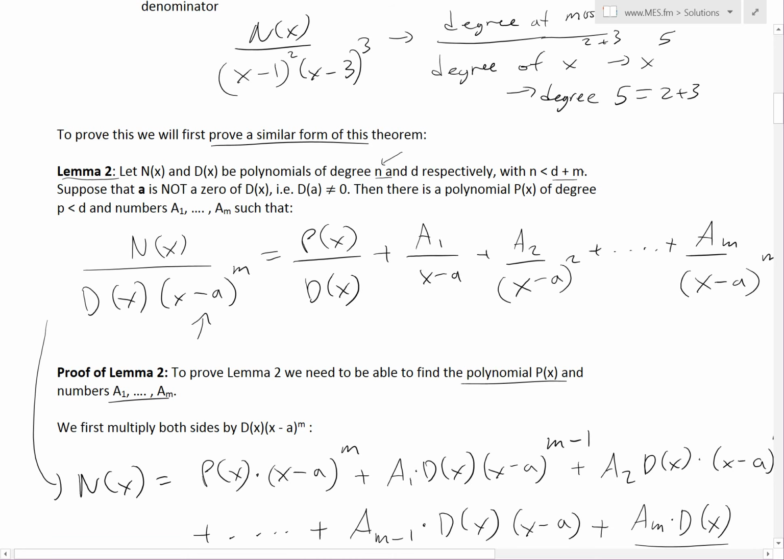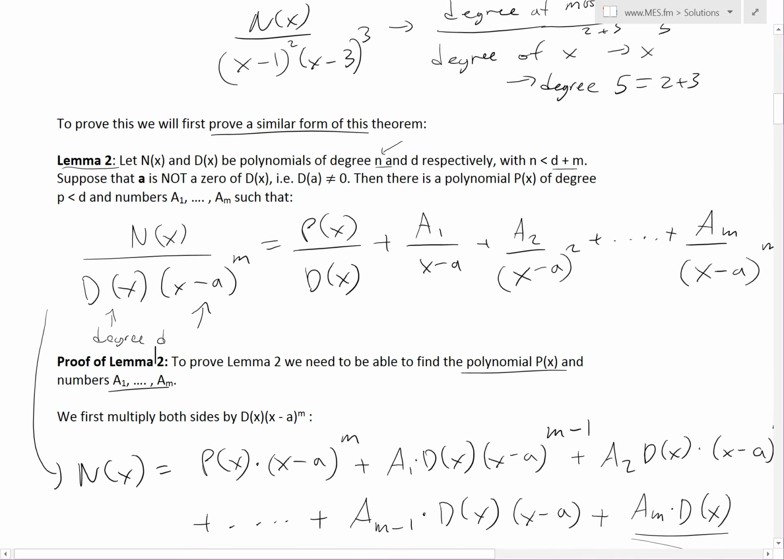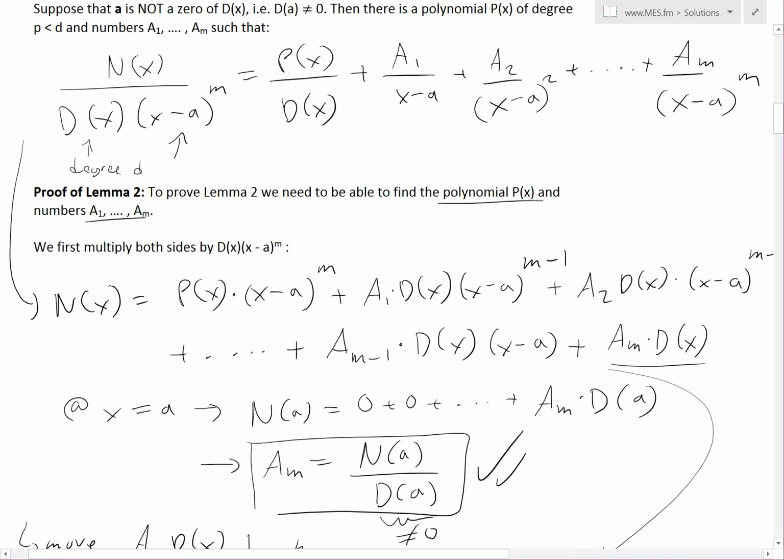The reason it's less than d plus m is because this is a degree d right here, and this has degree m, because you have an x to the m, so it has to be less than the addition so that it's a proper fraction. So it just needs to be proper, so that we have this whole thing as a proper fraction. That's why it has to be less than the addition of these two degrees, d and m.